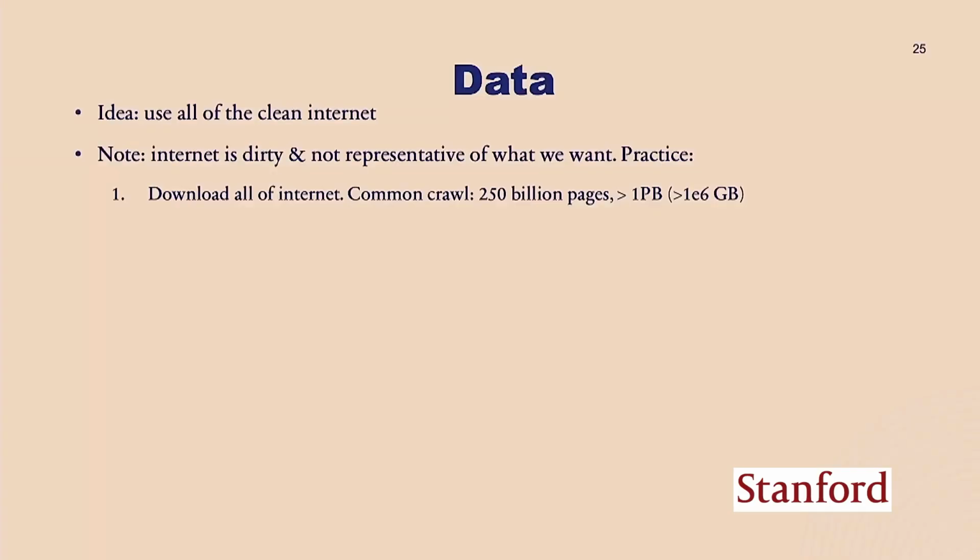People don't usually write their own web crawlers. They use standard ones, and Common Crawl is one that basically every month adds all the new websites that were found by Google and puts them in a big dataset. So on Common Crawl, you have around 250 billion pages right now, so 1e6 gigabytes of data.